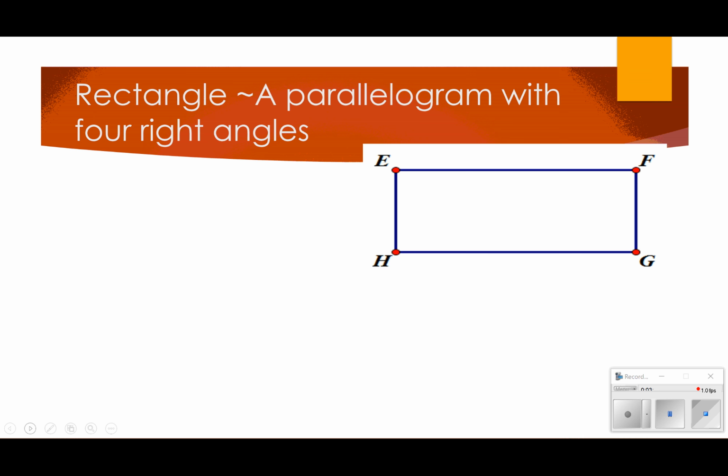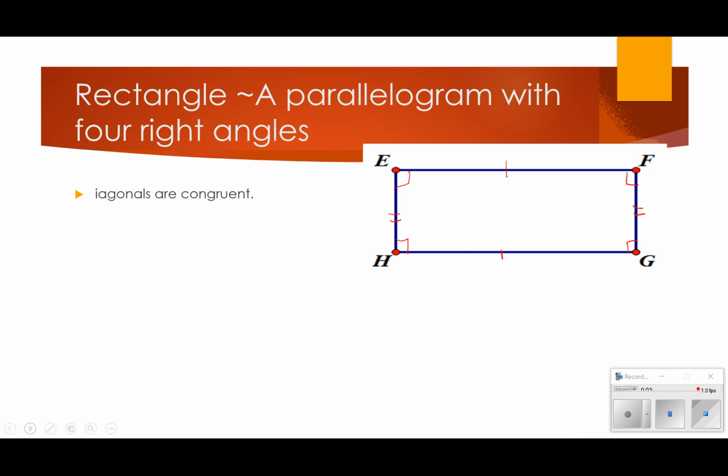A rectangle, its definition is just a parallelogram with 4 right angles. So these angles are right. Because it's a parallelogram, we know that the sides opposite are congruent. We also know that the diagonals bisect each other, that consecutive angles are supplementary, and that the opposite sides are parallel.